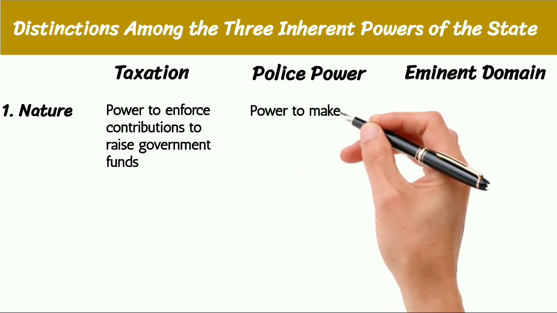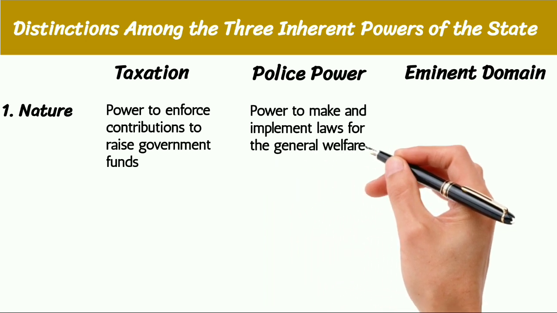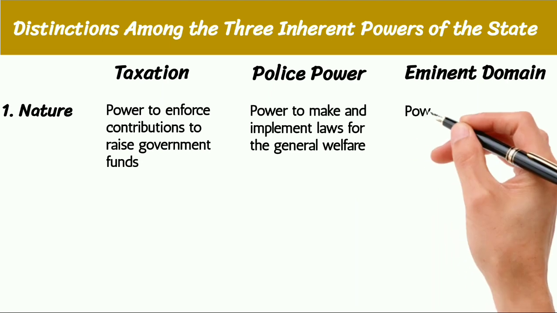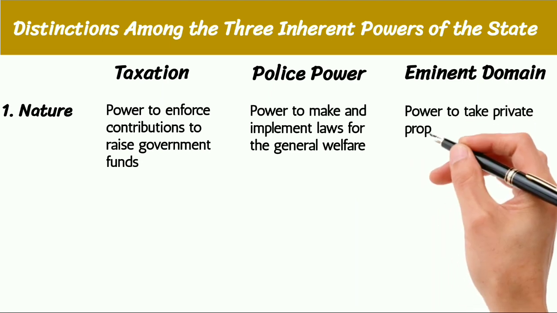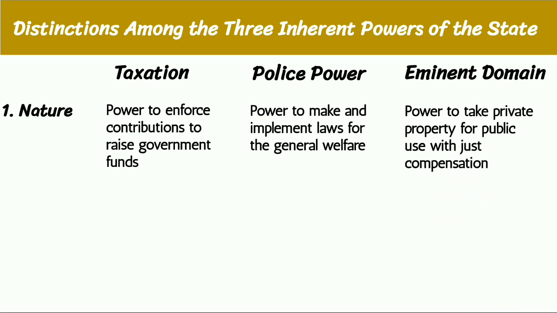Police power is the power to make and implement laws for the general welfare. And eminent domain is the power to take private property for public use with just compensation. As you can see, parang yung definitions lang to ng taxation, police power at power of eminent domain. Na-discuss ko na to, so no need na i-expound ko pa.